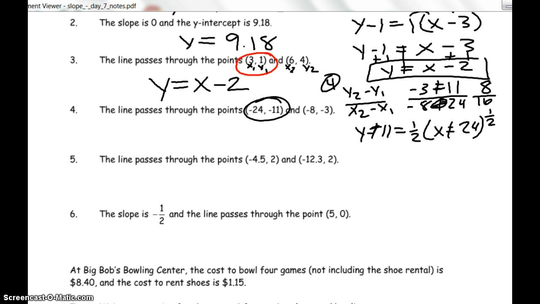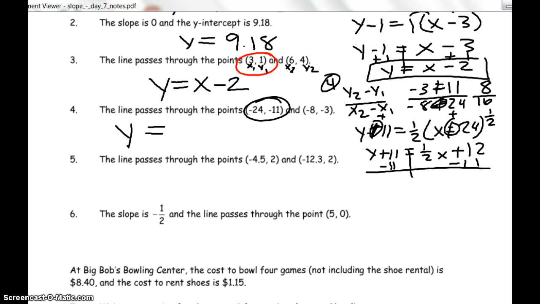Turns into addition. That looks a little better if I do that. And we're going to distribute our 1/2, so y plus 11 equals 1/2 x, and then 1/2 of 24 is going to be 12, so 1/2 x plus 12. Solving it by subtracting 11 from both sides and combining like terms, we arrive at the solution that y is equal to 1/2 x plus 1.